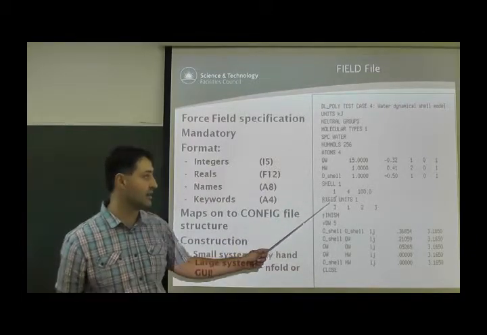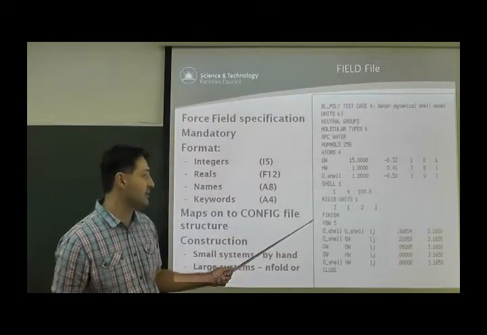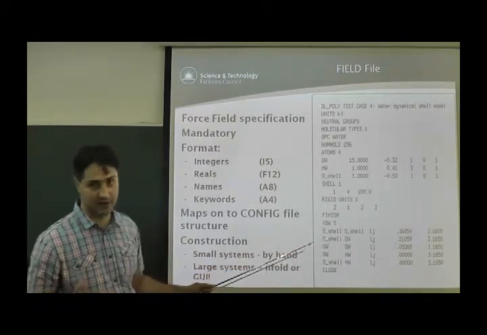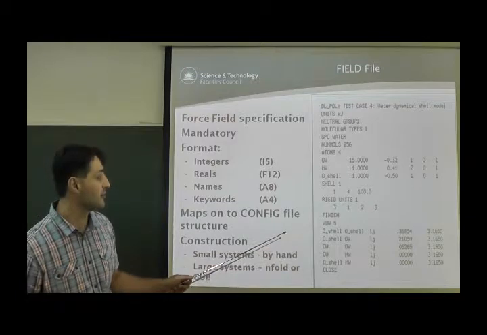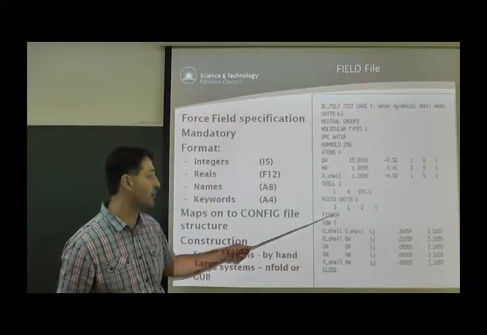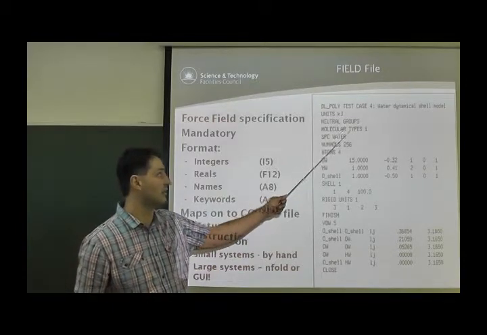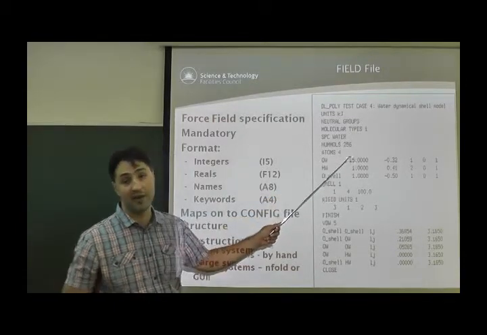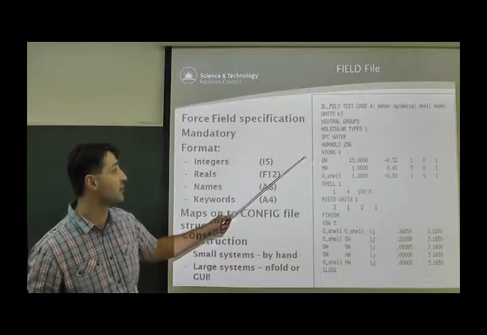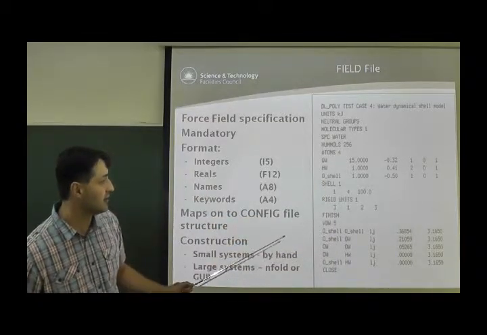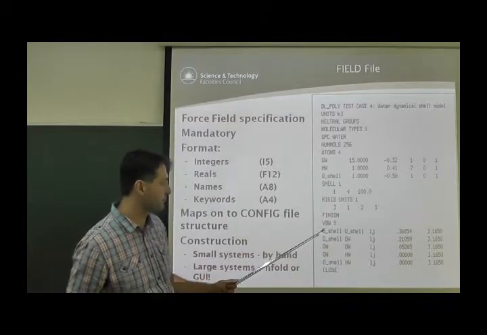It also uses rigid body units, and when we have specified all the intramolecular information about this molecule type, we say finish. And even though it is molecule type 1, we may have had more. For each molecule type, we have to say finish and then continue on.